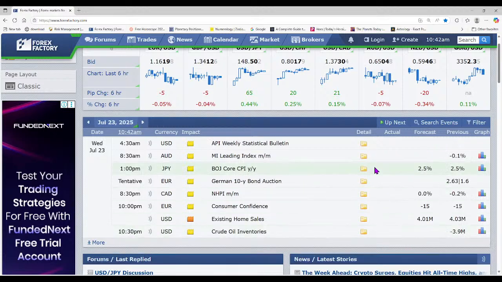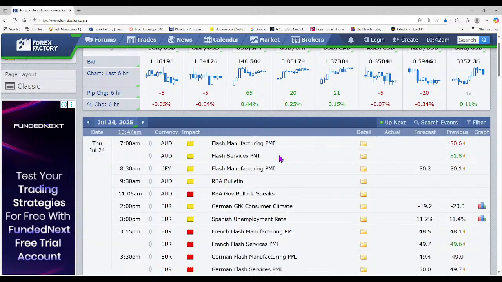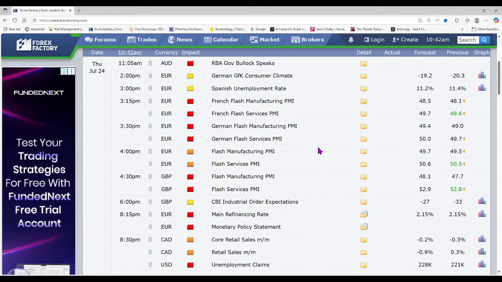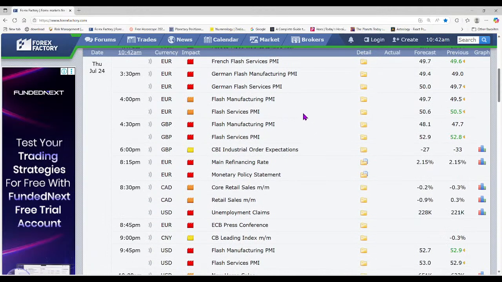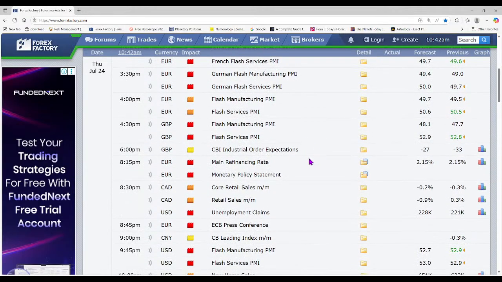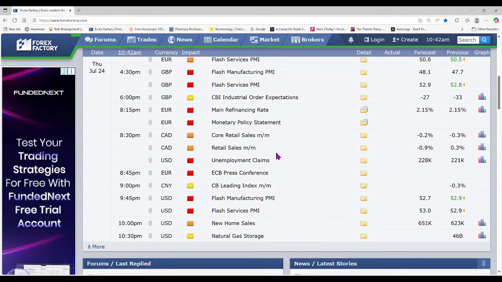Then on Wednesday we have existing home sales. Thursday we have an RBA governor giving a talk. Then we have the flash PMI from all the respective countries like Europe, the pound, and also the US.